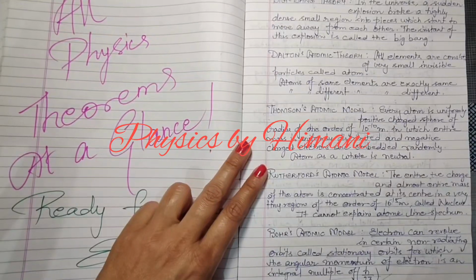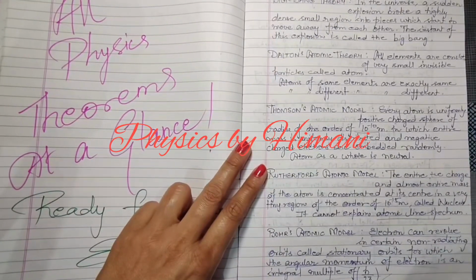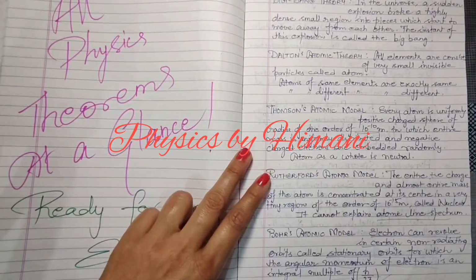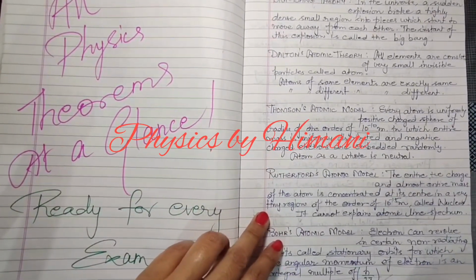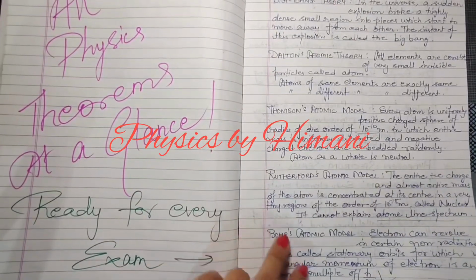So mvr is equal to nh upon 2 pi, where n is an integer. This is the formula given by Bohr's atomic model. Here n is 1, 2, 3 and so on, the principal quantum numbers.